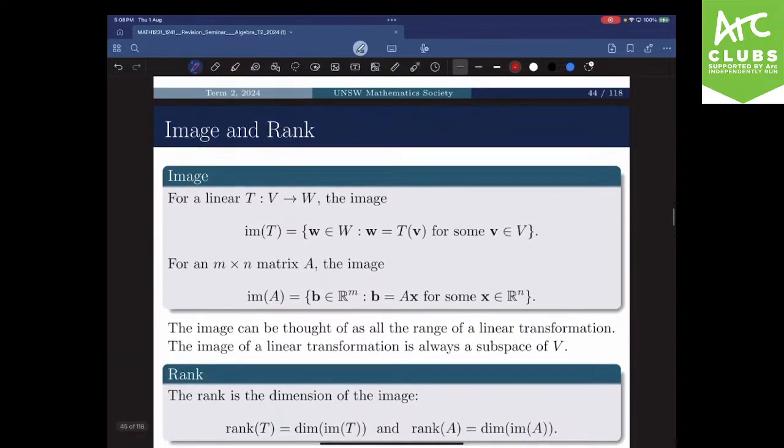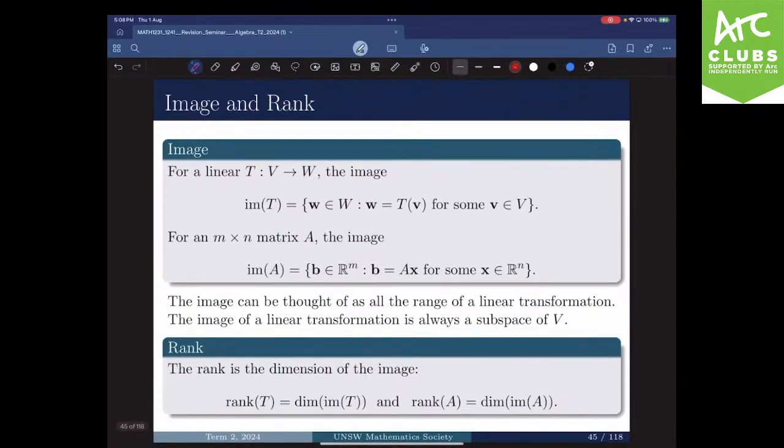And similarly, just more definitions: the image and rank. Image and rank, like kernel and nullity, come as a pair. So what is an image? For a linear transformation or a matrix, the image is all the possible outputs you could get, all the possible vectors you could get. You can think of it as the range of a linear transformation.